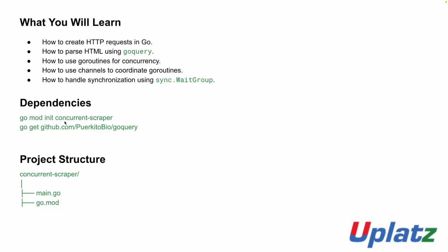Dependencies: go mod init concurrent-scraper. Now go get github.com/PuerkitoBio/goquery. What is that? Let's start.